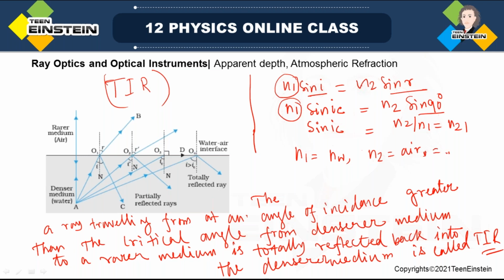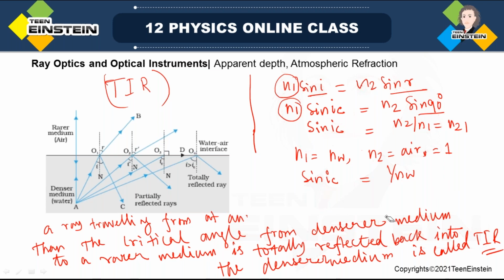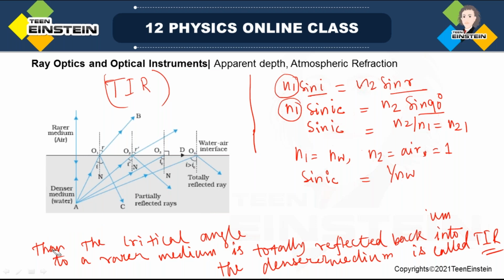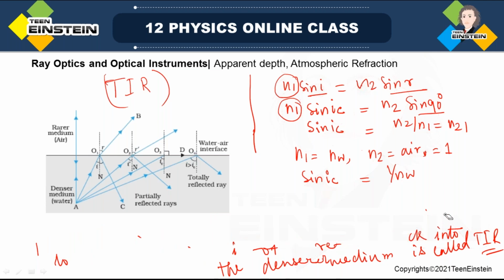So you get sin IC equals 1 by NW. That means the refractive index of the denser medium is inversely proportional to the sine of the critical angle of incidence. I'll just write it down, just a minute.